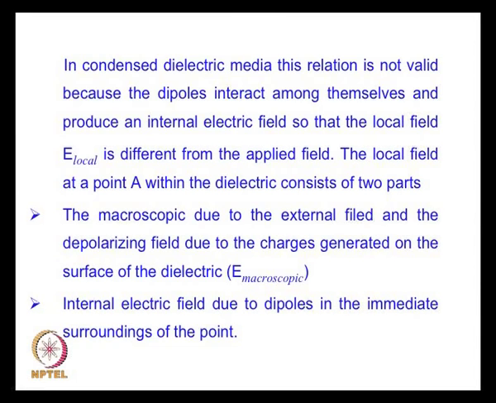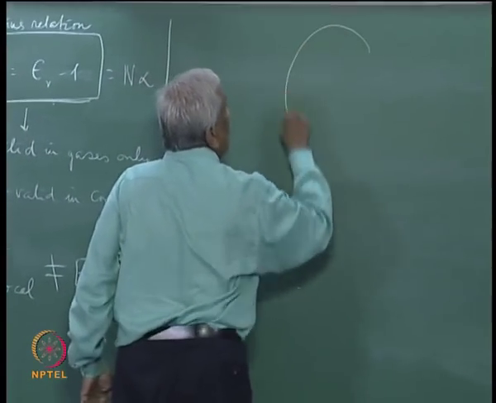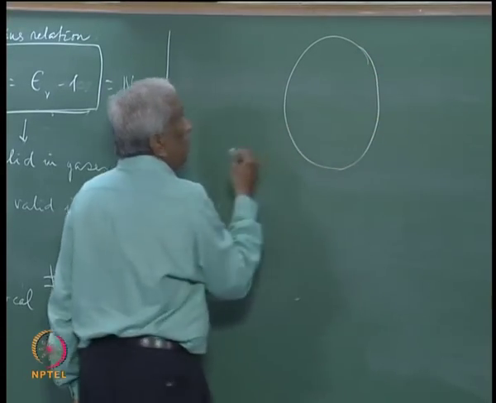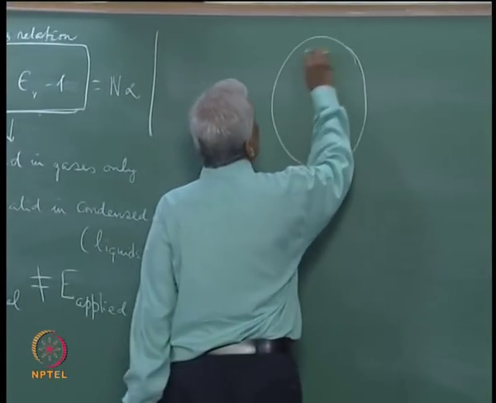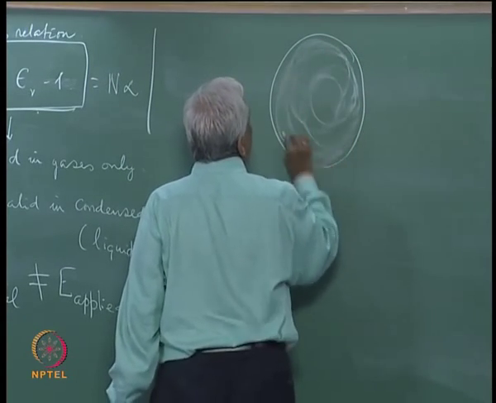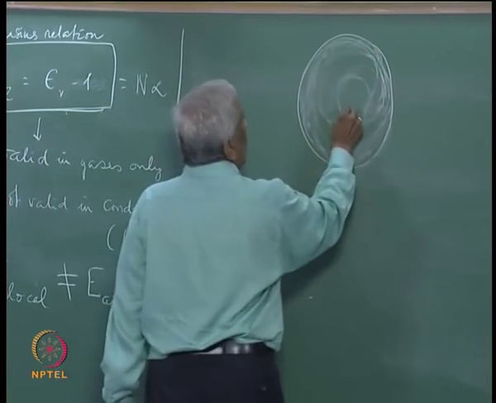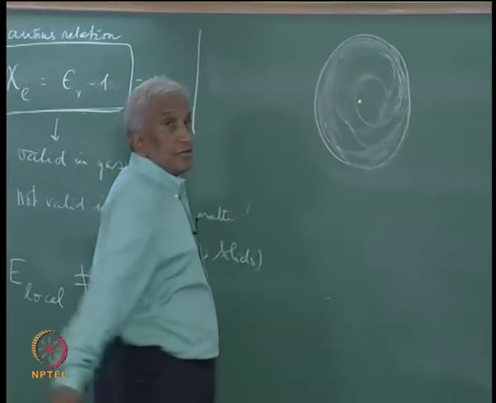Let us look at the process of polarization a little carefully. So, I have an atom in which there is an electronic cloud, uniform charge density of electrons, and there is a central nucleus.